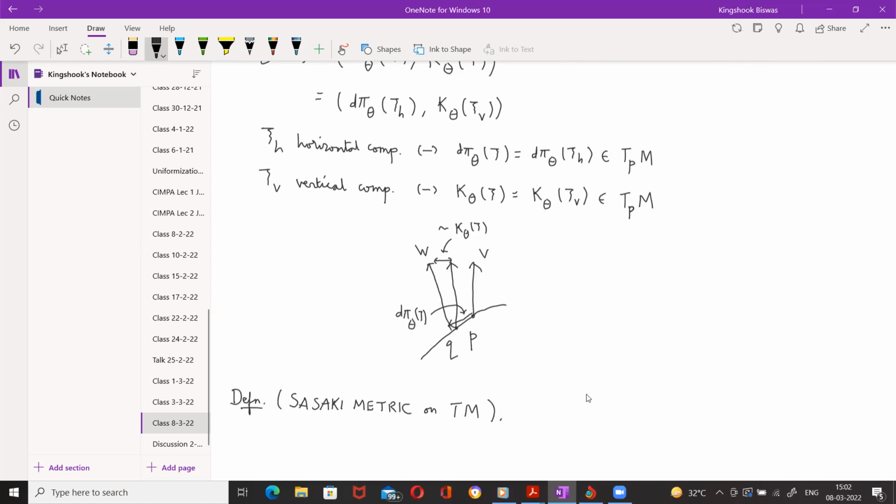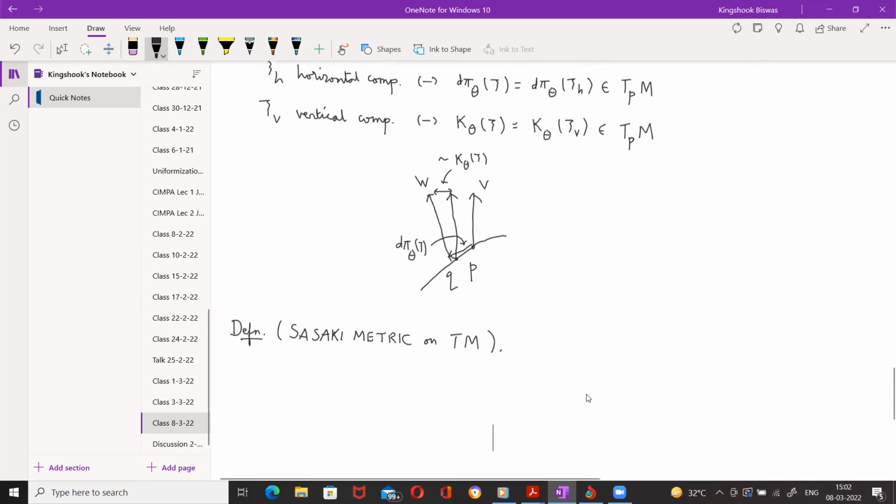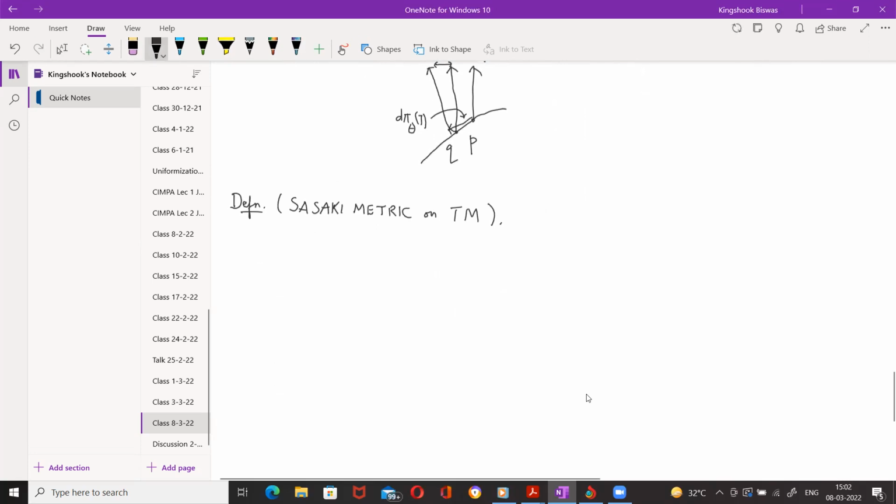Okay. And so how do we define it? So if theta is a point PV in TM, then for xi, eta, which are tangent vectors to TM at theta, so the elements of T theta TM, we define the inner product.